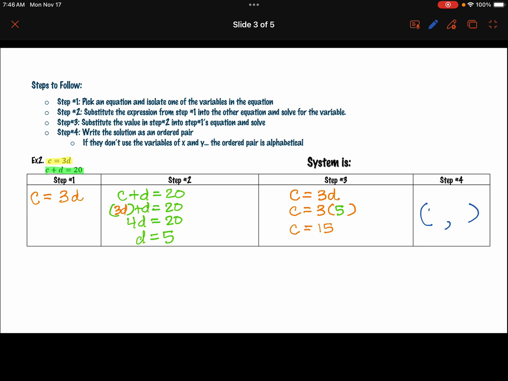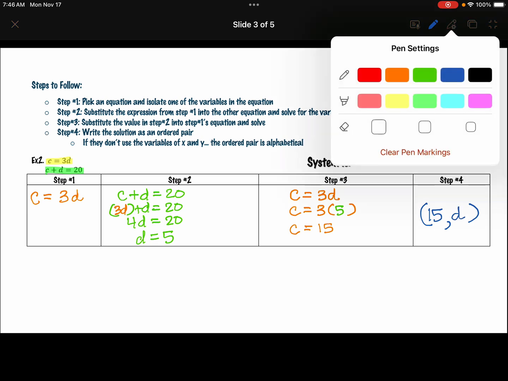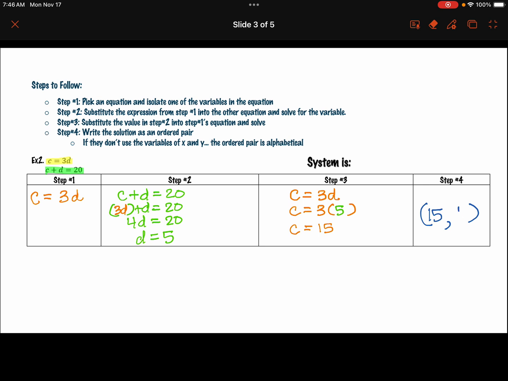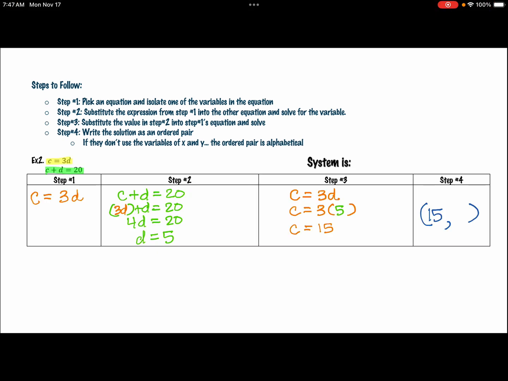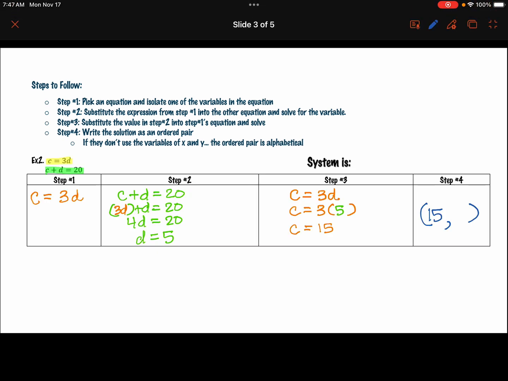So C will go first, and then D will come second, just like X, Y. Oops, I wrote D instead of writing D's value, which was 5. Okay, so because there is one solution, we would say it's consistent and it's independent.